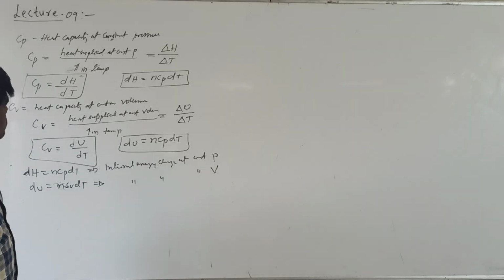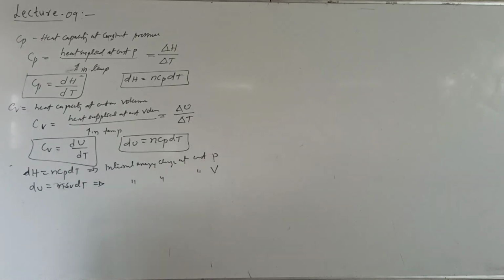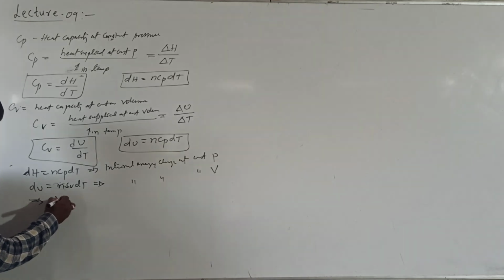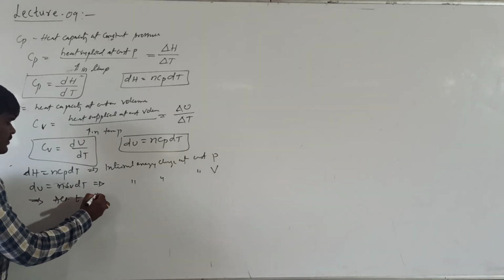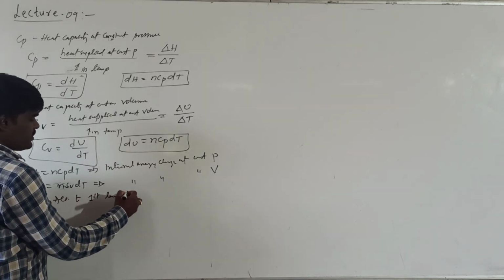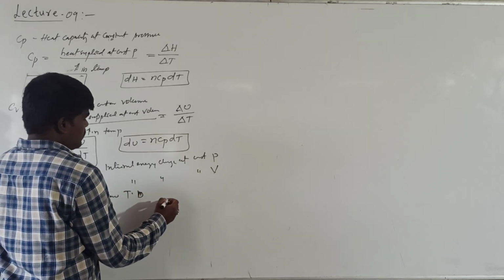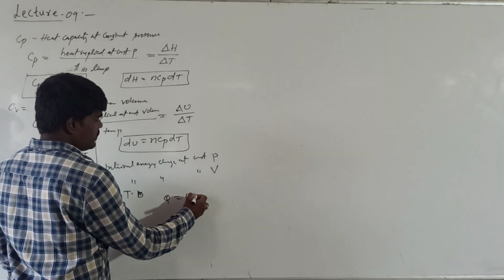Now, according to the first law of thermodynamics, what can we write? Q will be equal to U plus PV.